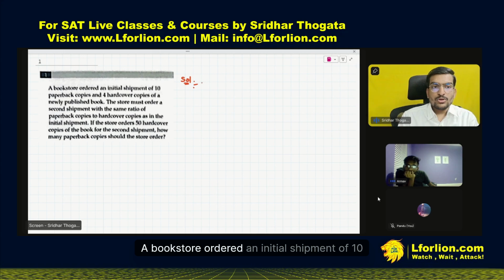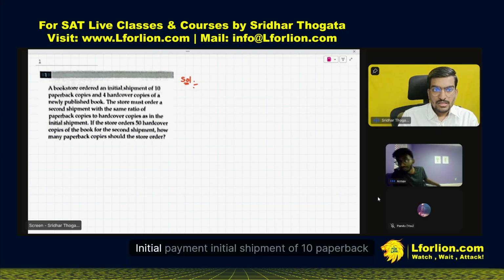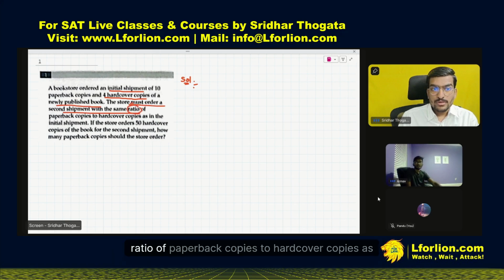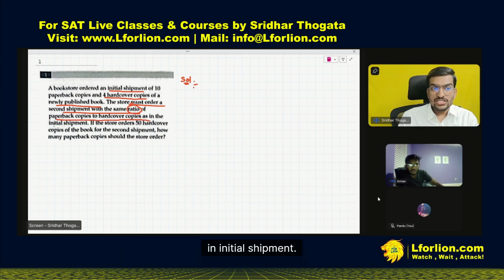A bookstore ordered an initial shipment of 10 paperback copies and 4 hardcover copies of a newly published book. The store must order a second shipment with the same ratio of paperback copies to hardcover copies as in the initial shipment.